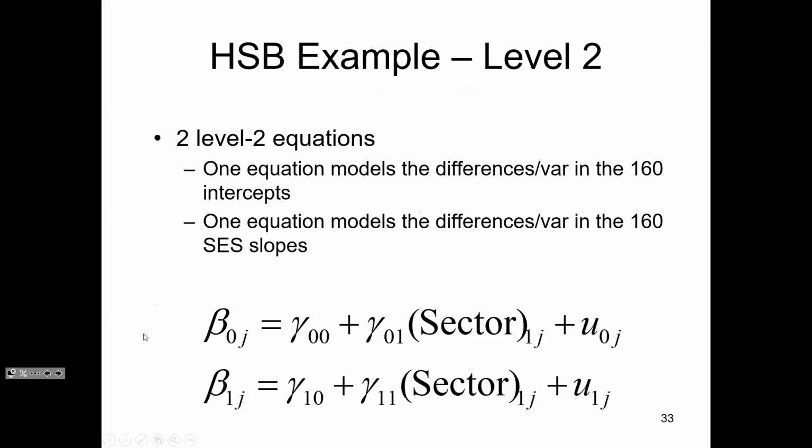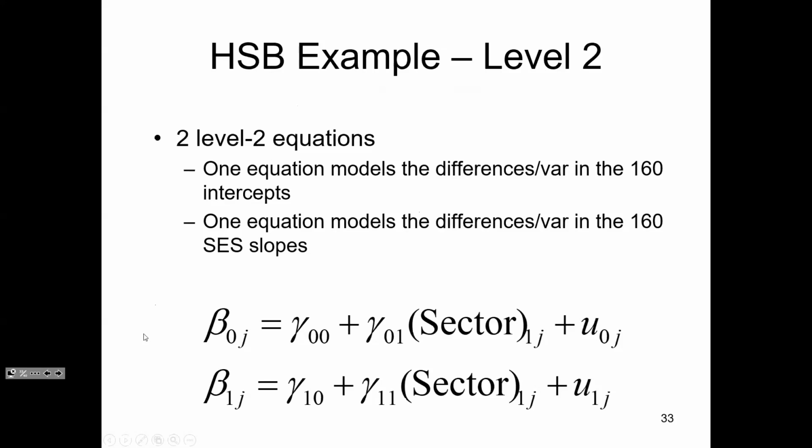And then in the second equation, I'm saying, okay, maybe sector helps to explain why slopes vary across schools. Some schools have steeper SES slopes, some schools have flatter SES slopes, right? SES is a better predictor of math achievement in some schools than others.